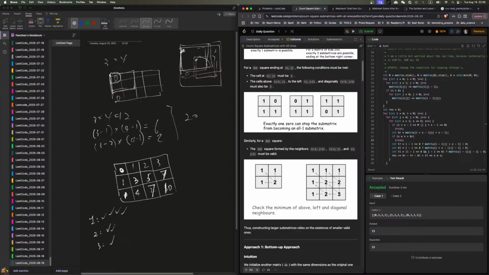Then for this, I'll take the smallest. Yes, because this is still going to form, but it's on this level. It's not good.